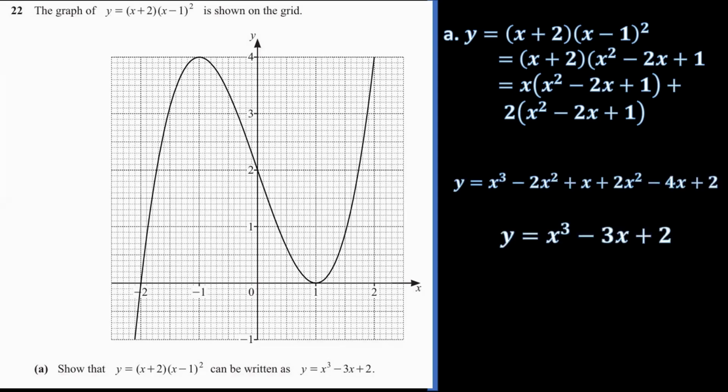And then I will add all the terms that are alike. Like here, when I multiply out, I have y equals s cubed minus 2s squared plus s plus 2s squared minus 4s plus 2. So y finally becomes s cubed, minus 2s squared plus 2s squared will cancel out, will become 0.